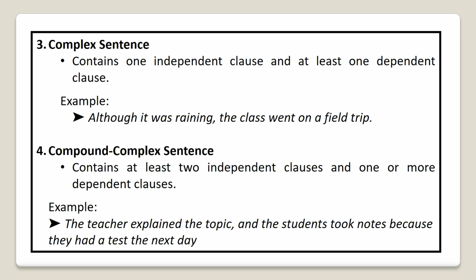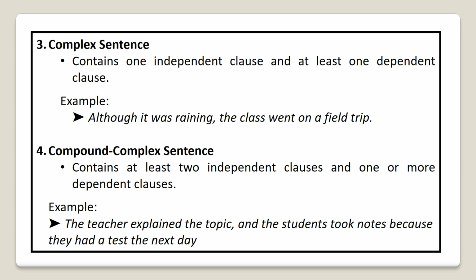For example: although it was raining, the class went on a field trip. This sentence contains an independent clause and one dependent clause, so it is an example of a complex sentence.